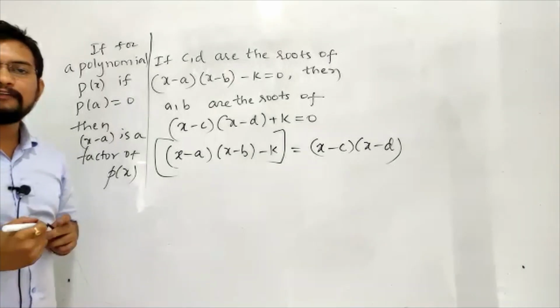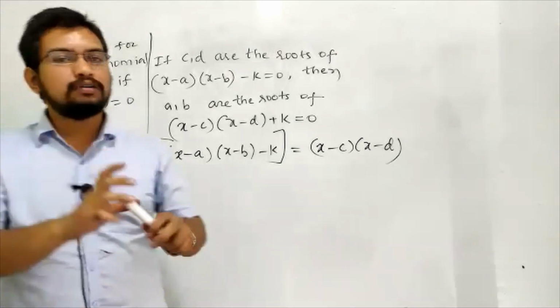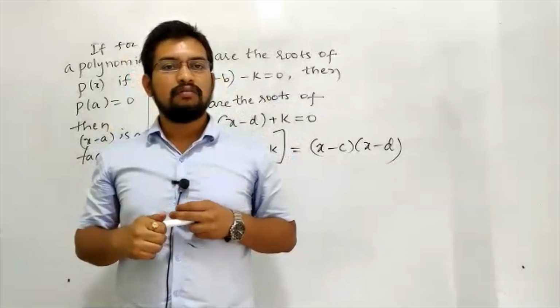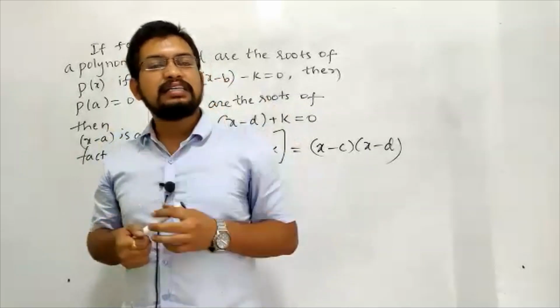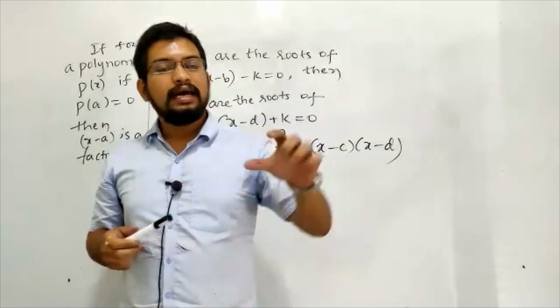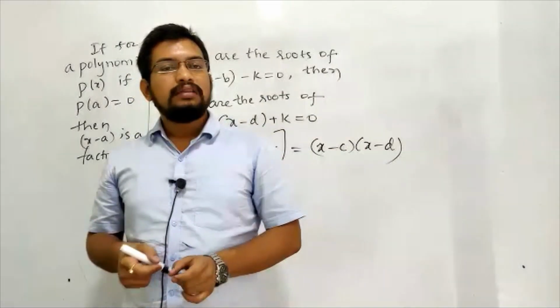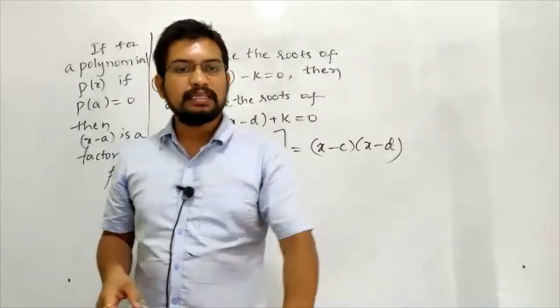In the remainder theorem, if x minus a is a factor, then p of a will be 0. Here, if p of a is 0, then x minus a will be a factor.